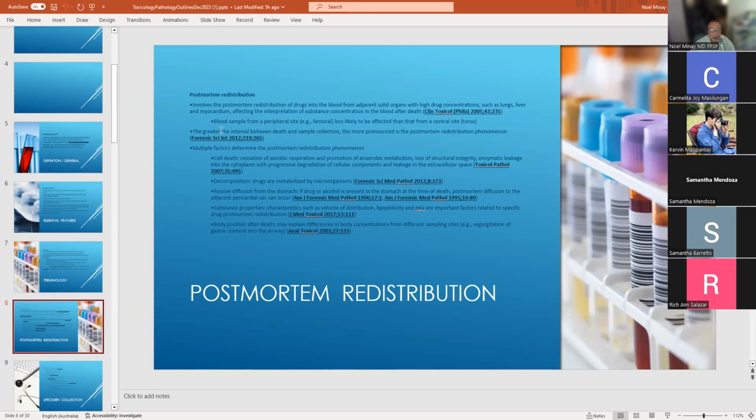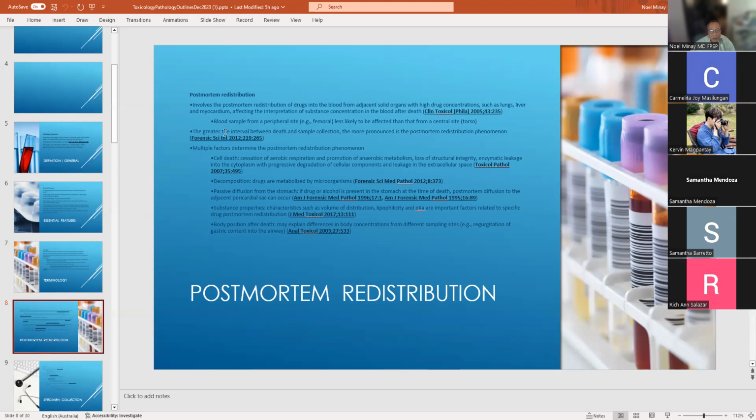Now, the greater the interval between death and sample collection, the more pronounced is the postmortem redistribution phenomenon. So, in terms of chemistry, that is not a direct proportion, but an indirect proportion.